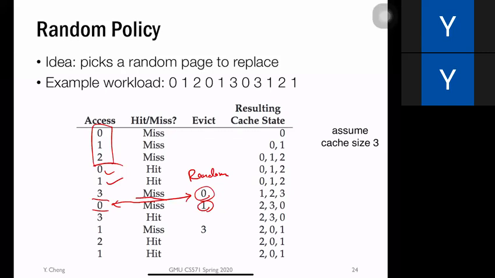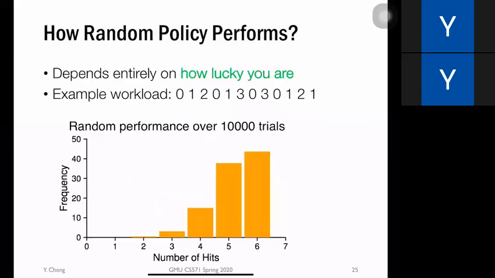And over here, there's a third non-compulsory miss. Over here you just make another random decision, which turns out to be physical frame number 3. Okay, so this is how the random policy works, which is really simple.